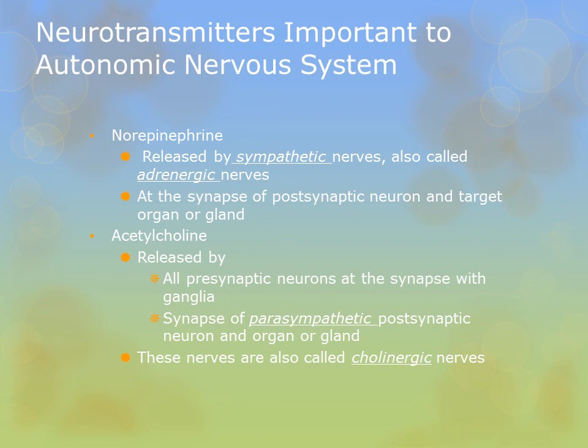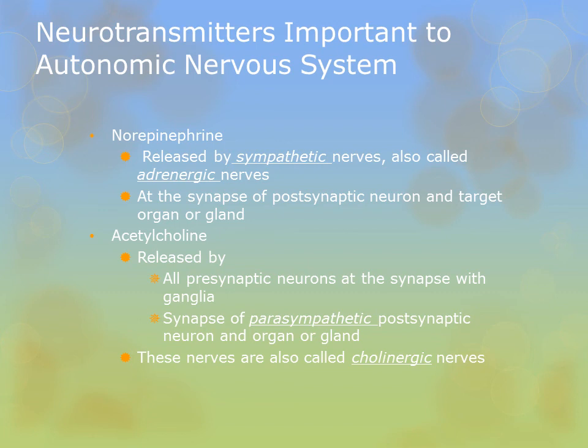So these are the things that we need to know. A patient on adrenergics may experience constipation. Well, is that considered a side effect that we should expect? Absolutely. And we need to know those things.